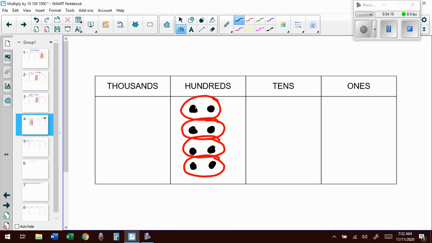So I have 200 4 times, and in here I have 100, 200, 300, 400, 500, 600, 700, 800.